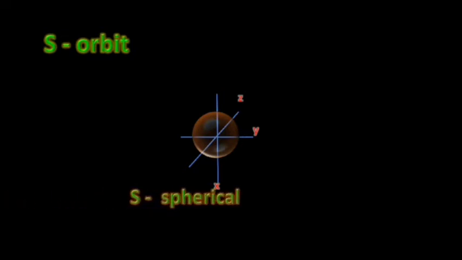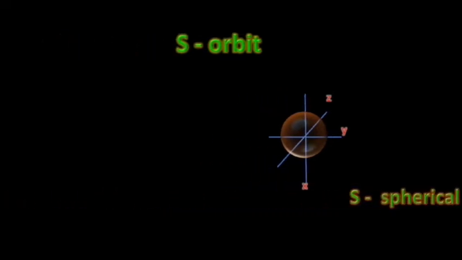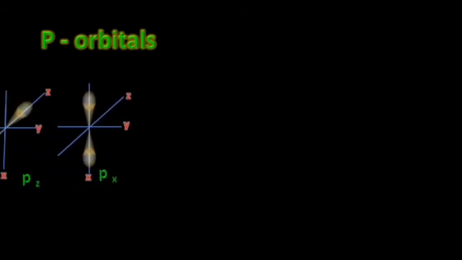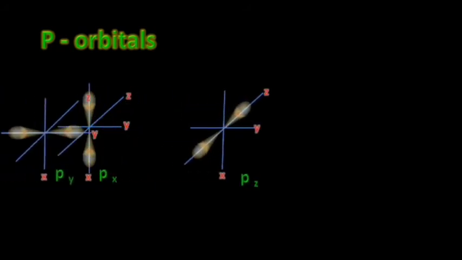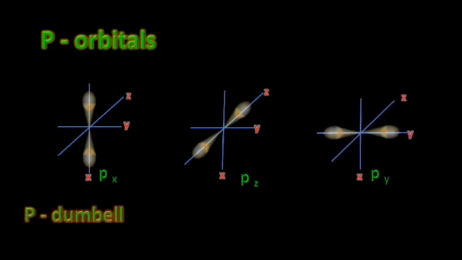Look at the s orbital, which is spherical in shape, and the p orbital, which is dumbbell in shape and has 3 orientations: px, py, pz.